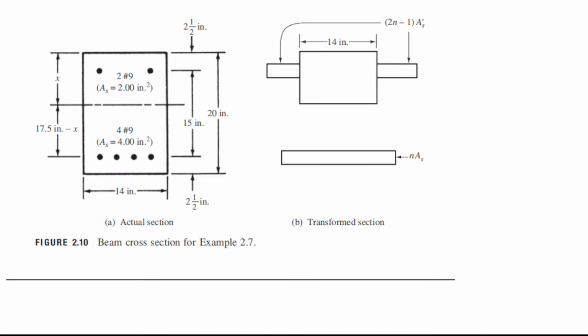Number 9 has an area of 1 square inch, and since there are 4, 4 times 1 is 4 square inch. So the total area is 4 square inch, that is As, the area of steel.